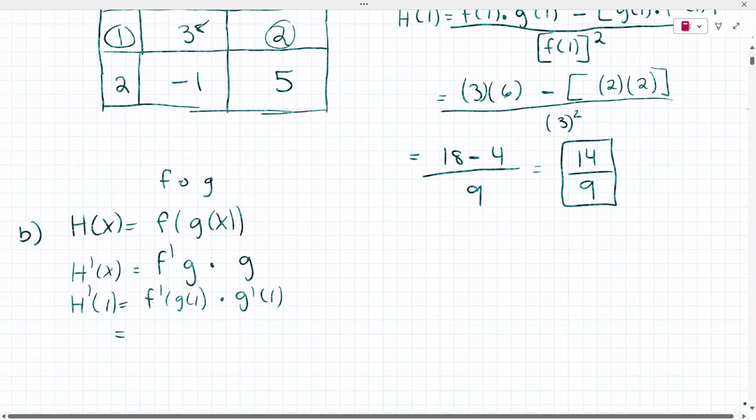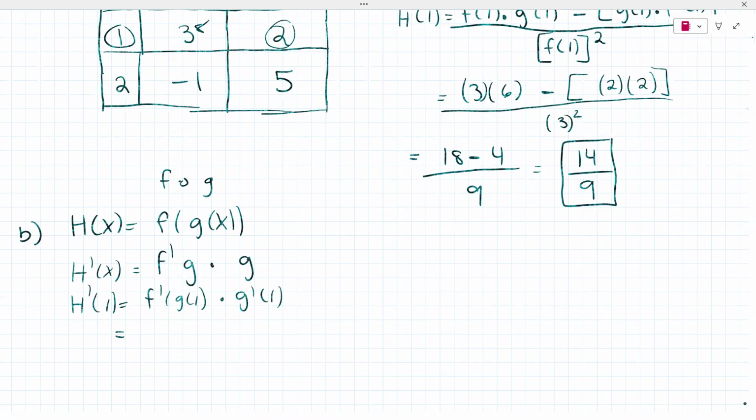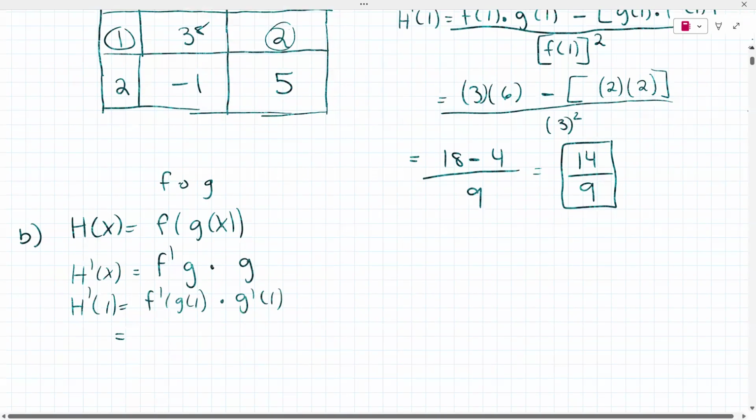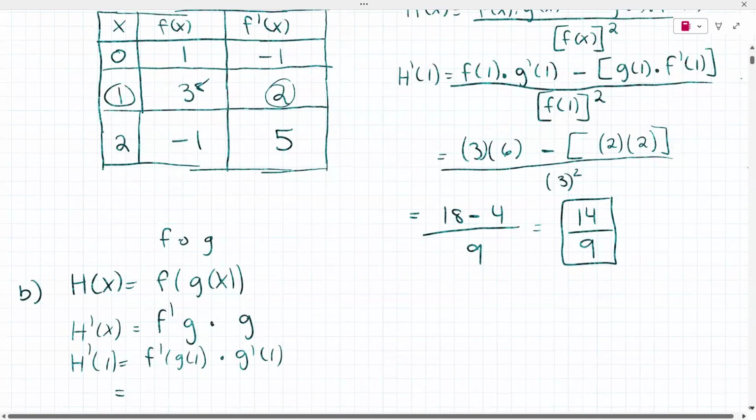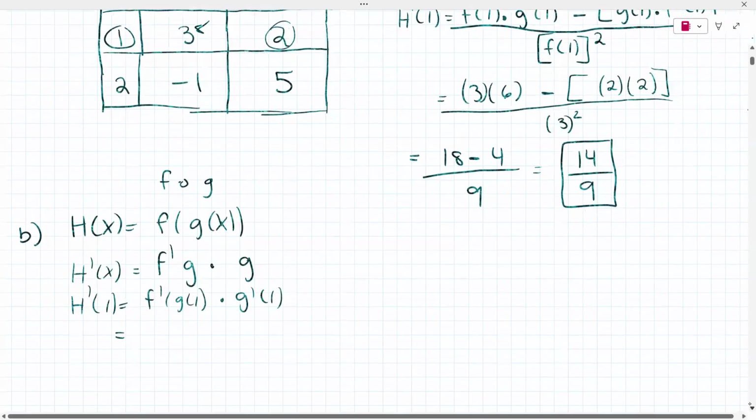So what is g of 1? You don't look at the table that was given. g of x was given. I can write it down here.